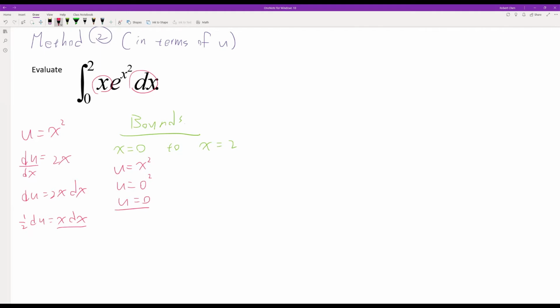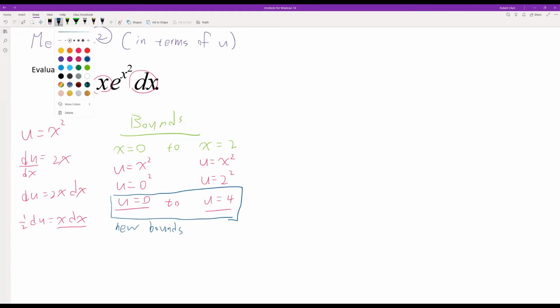And for x equal to 2, u is equal to x squared. That means u is 2 squared, which is u equal to 4, right? So now the new bound is to go from 0 to 4 in terms of u. Right, that's the new bounds.